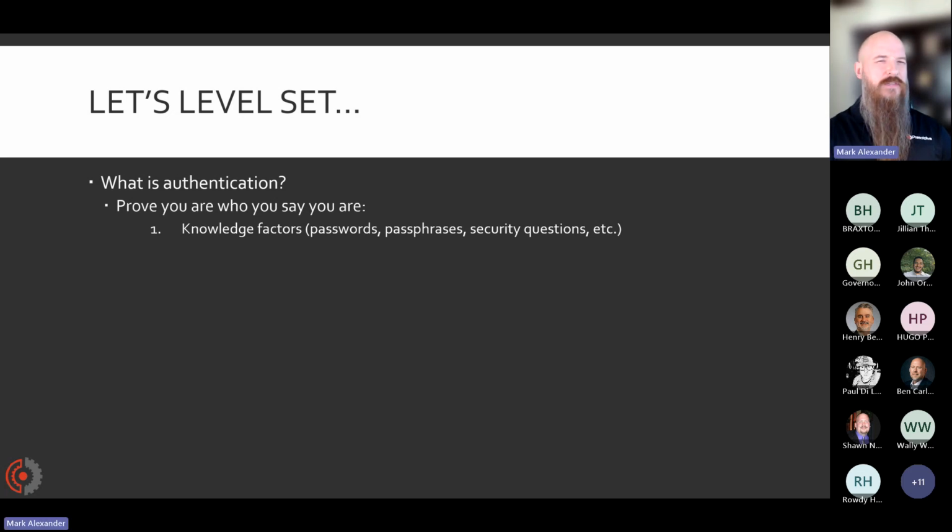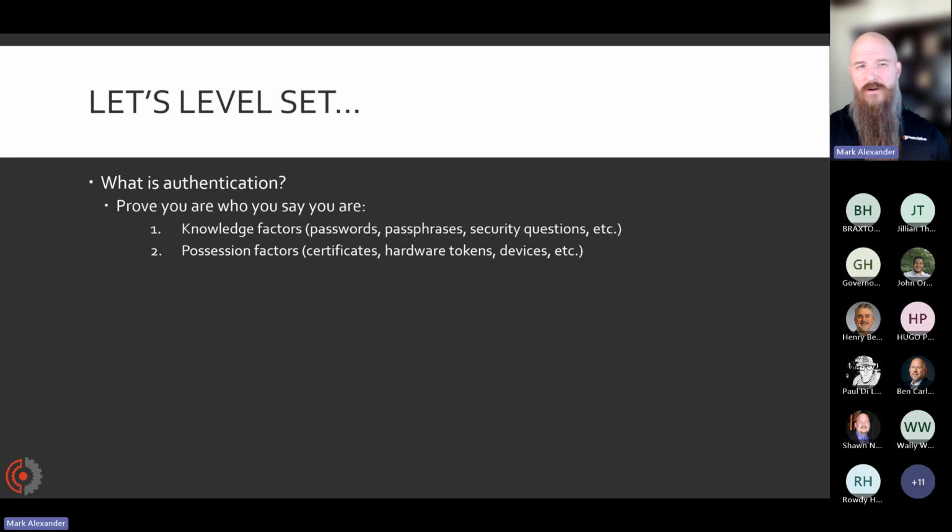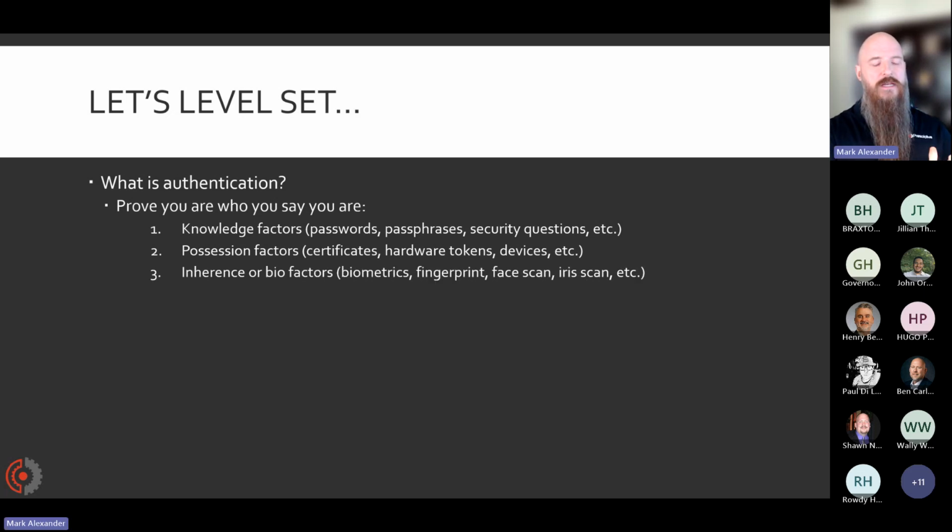Another would be something you actually have, like a certificate, a hardware token, maybe one of those YubiKeys that we were talking about giving away at the end of this presentation. And the third one would be actual biofactors such as your face, your thumbprint, and so on and so forth.